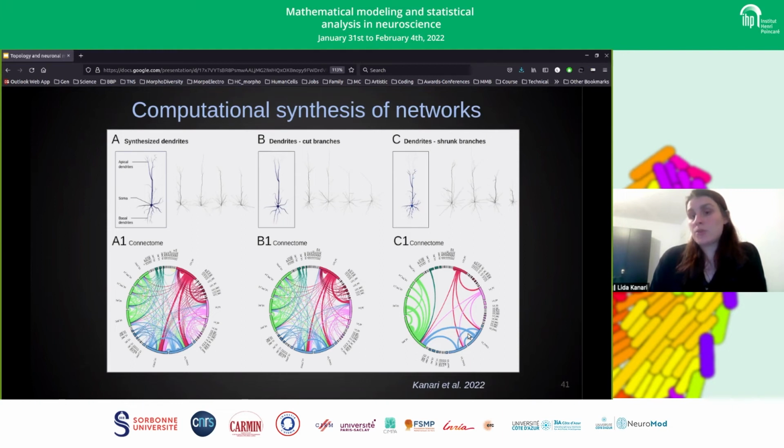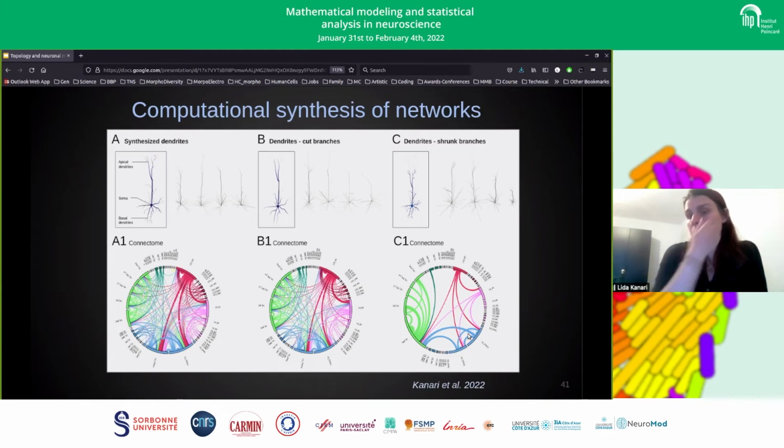And of course, as I said in the beginning, these are very, very simplistic operations on the dendrites, but our goal here is to try to reproduce specific dendritic lesions that we see in the brain, which are associated with specific brain disorders such as stress disorders.